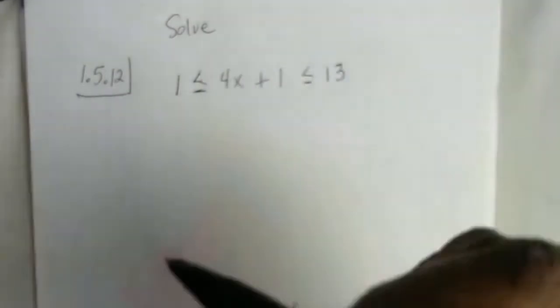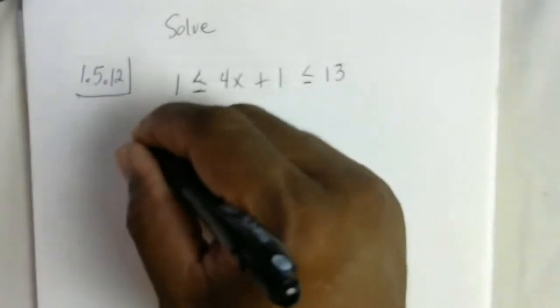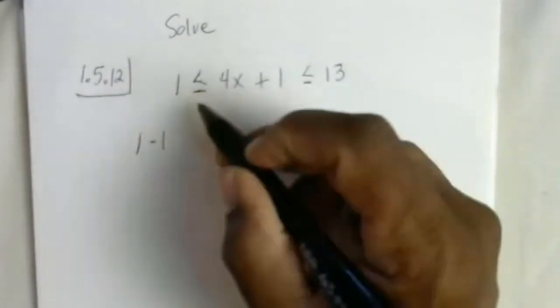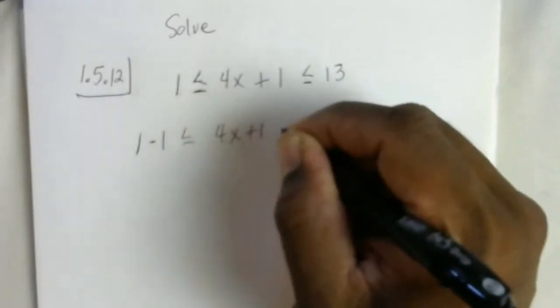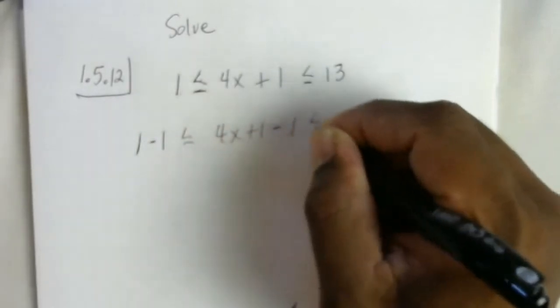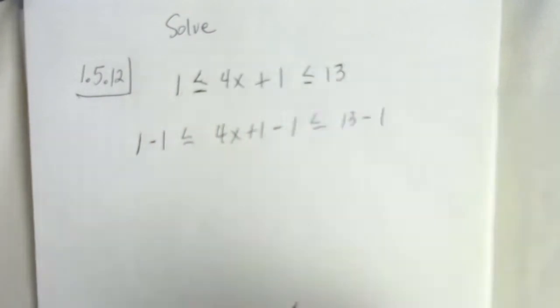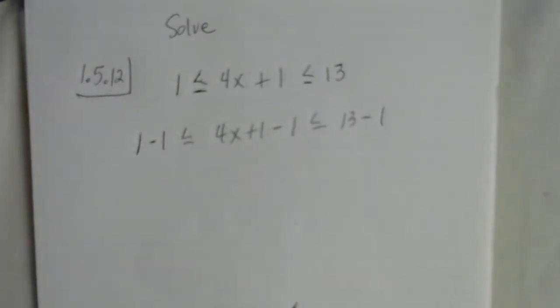So I'm going to subtract 1 basically from all 3 sides. So I'm going to write this out. 1, and I have minus 1. 4x plus 1 minus 1, and 13 minus 1.